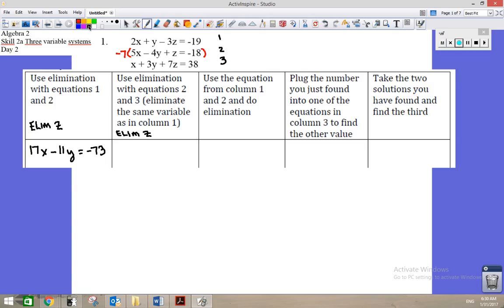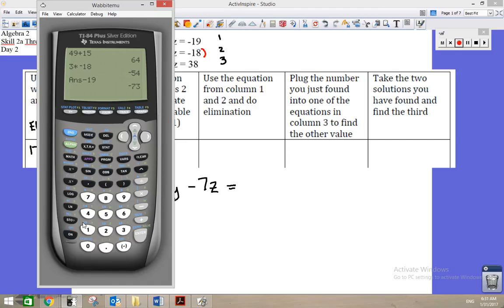So in equation 2, let's multiply everybody by negative 7. So we have a negative 35, a positive 28, that negative 7 that we wanted, and negative times negative is positive, and 18 times 7 is what? 126.